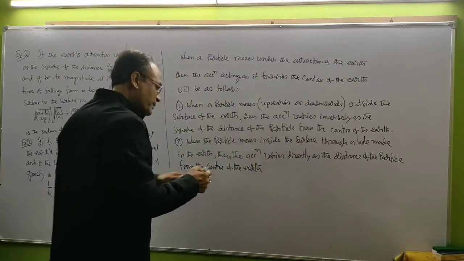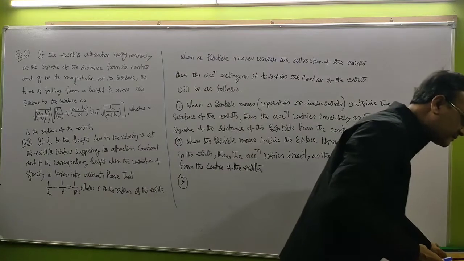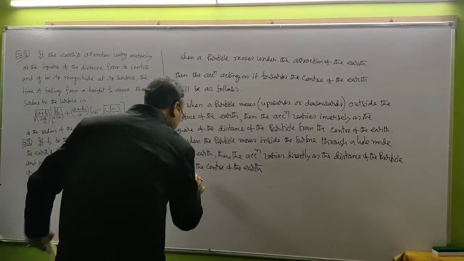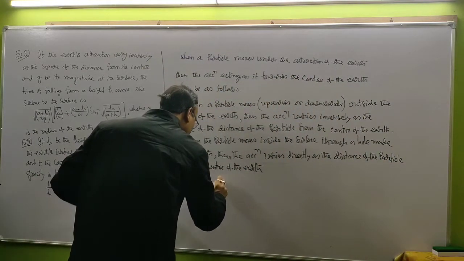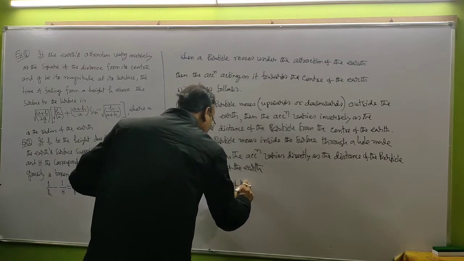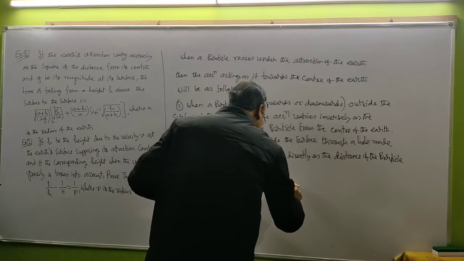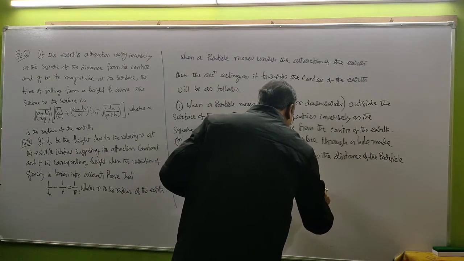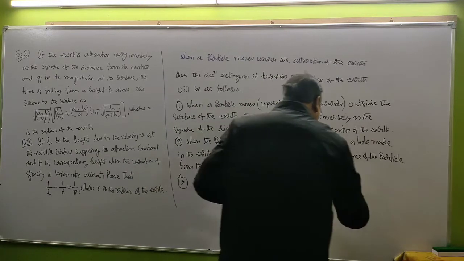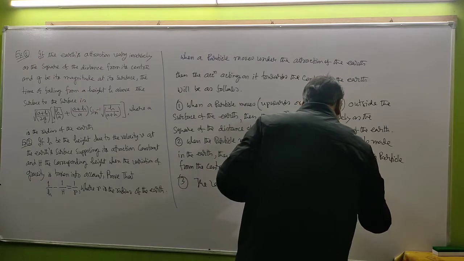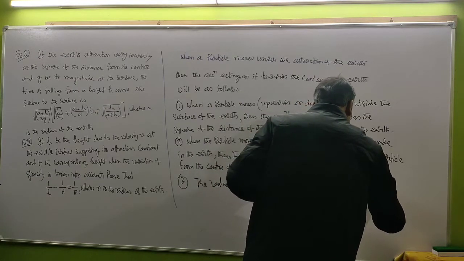Number 3, the value of the acceleration at the earth surface is g.